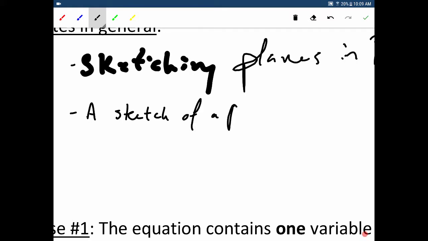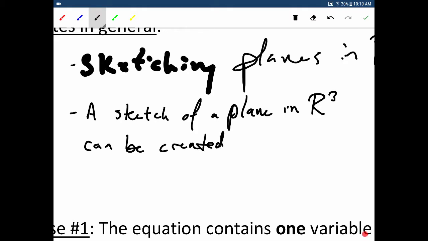A plane in R3 can be created using a combination of points and lines.